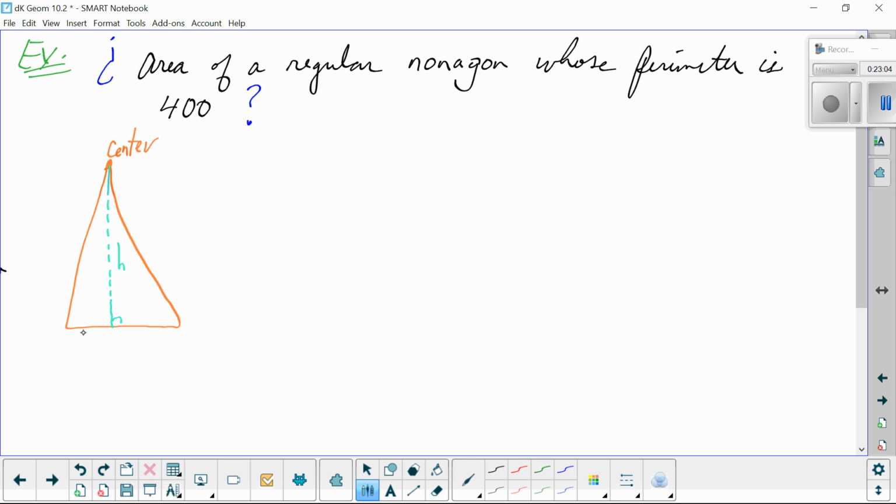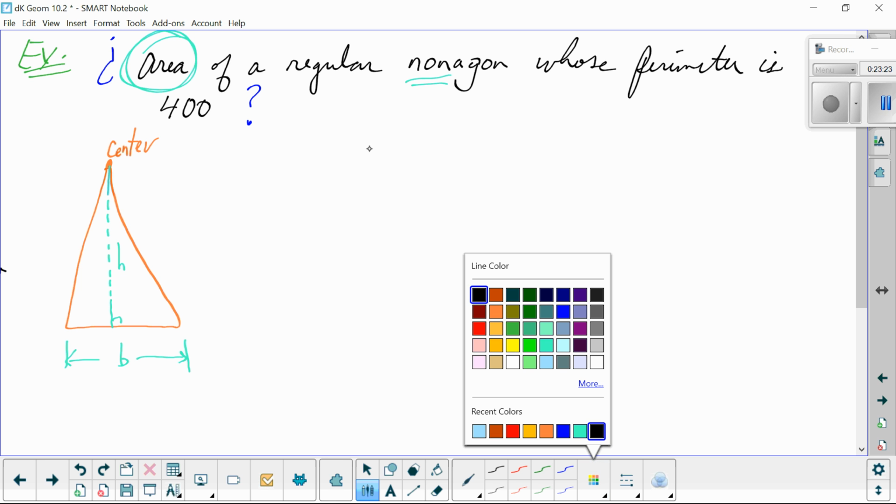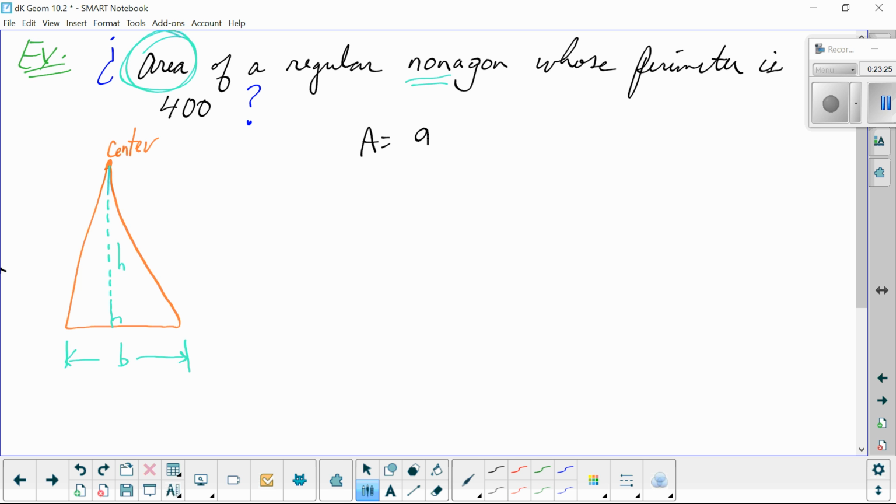And we need to know what a side length is. In other words, for this one triangle out of 9 triangles, if we can find the area of this one triangle, we can multiply it by 9, and we'll have the area of the entire nonagon. So the area is 9 triangles, where each triangle is 1/2 times the base times the height.